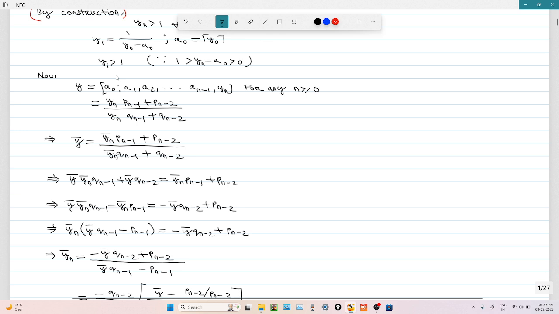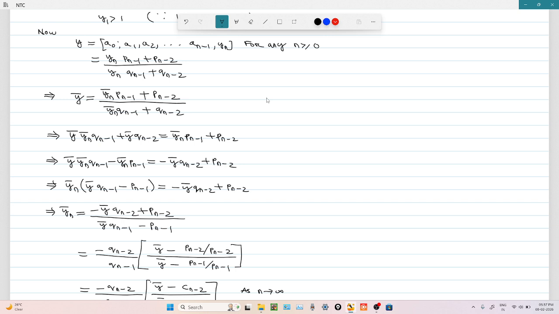Now y equals a0; a1 a2 dot dot an minus 1, yn for any n greater than or equal to 0.